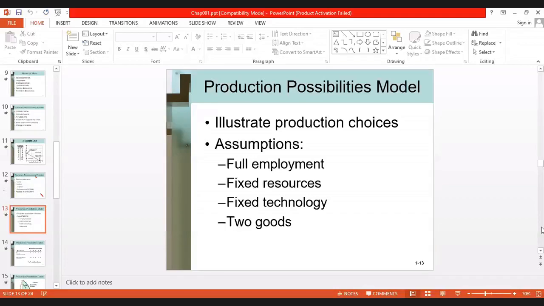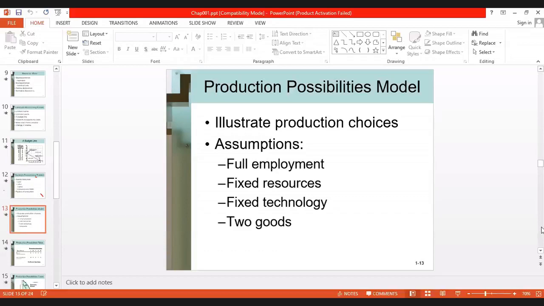At a particular time, all the resources are fixed in quantity and quality. Labor, capital, land, everything is fixed, and technology is fixed. Technology may improve, but for a particular time we say it is fixed.